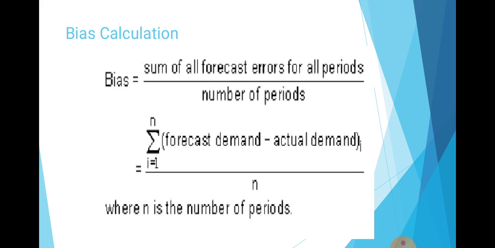So there are some other types of errors: scale dependent errors, percentage errors, and scaled errors. In other measures, business forecasters and practitioners sometimes use different terminology.